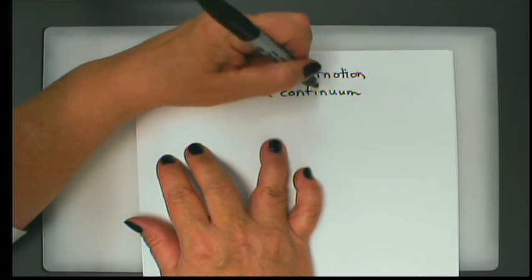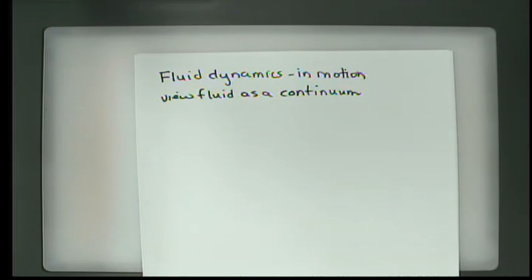If you have a lake full of fluid or a river full of fluid or a pipe full of fluid, you really can't look at the whole thing. So we have to look at ways to observe and quantify the fluid and then extrapolate or integrate that to cover the whole body.